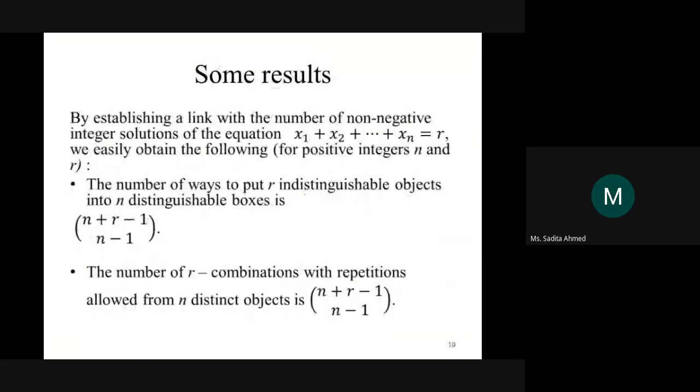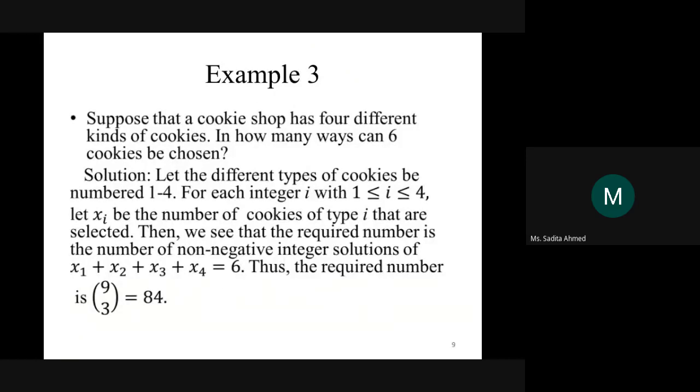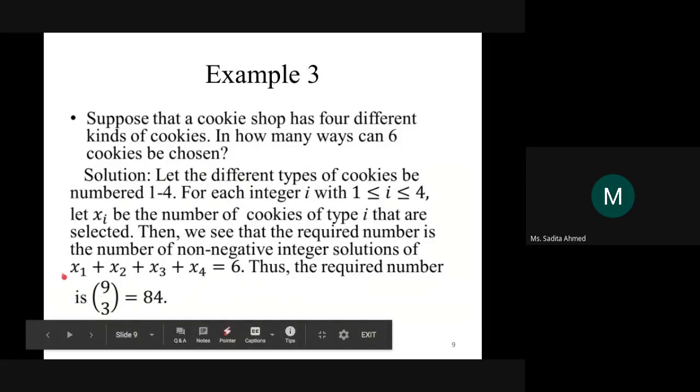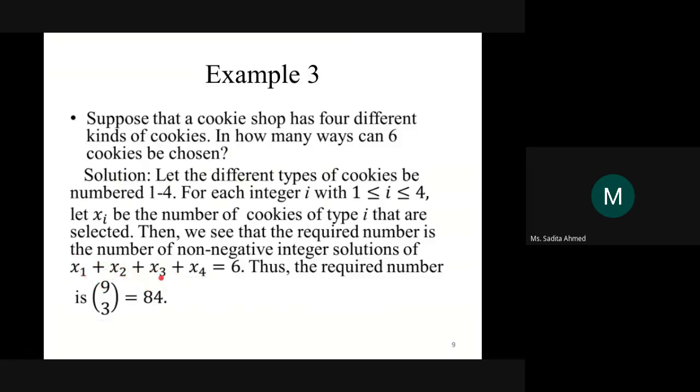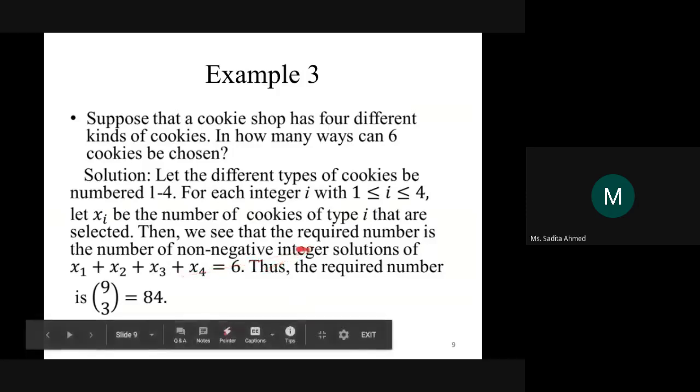So think about what we are doing here. Basically, can you not say that each of these 4 x's are boxes? Each of these 4 are distinguishable boxes where you're putting a certain value. In x1, a box, you put a certain number of cookies; in x2, a box, a certain number of cookies; in x3, a box, a certain number of cookies; in x4, a box, a certain number of cookies. And the total gives you 6, right?